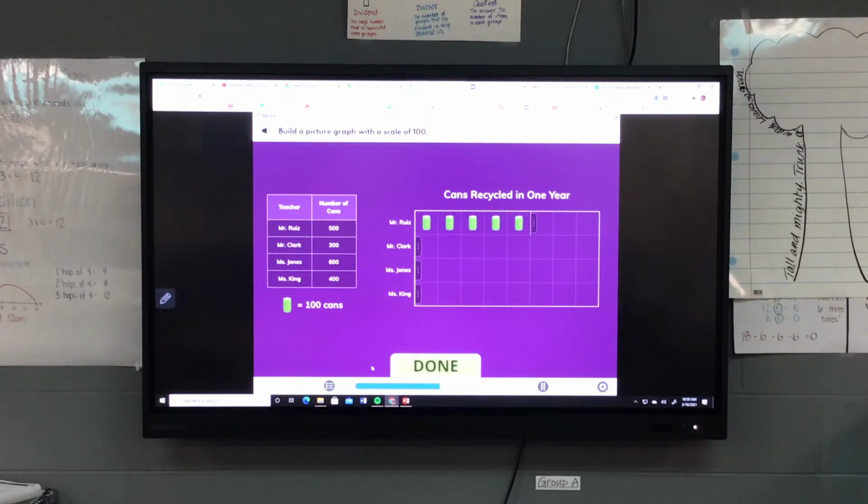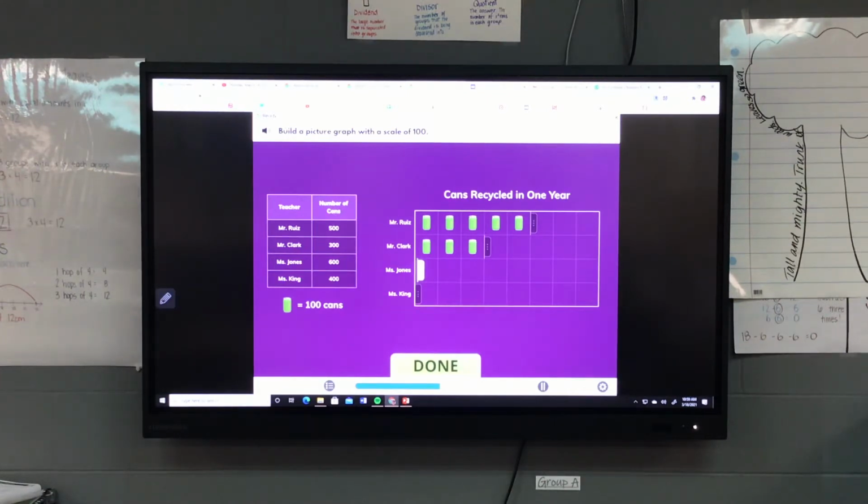Okay, how many cans do we need to show for Mr. Clark then, everybody? 3. Let's skip count by hundreds. 100, 200, 300. All right. Miss Jones, let's skip count. How many cans will there be? 6.